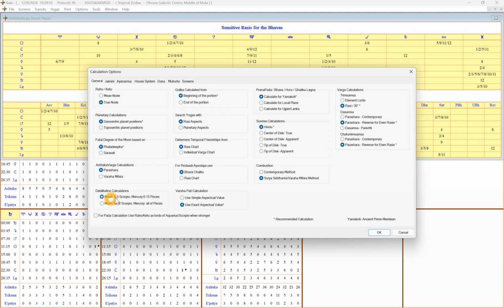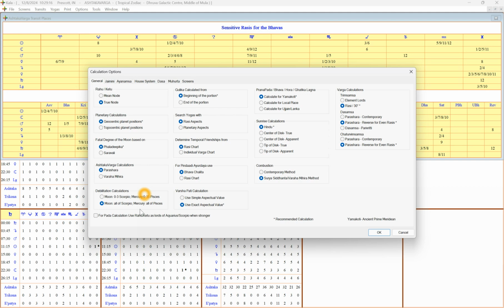If we take that literally, that means the moon is debilitated from 0 to 3 Scorpio and Mercury from 0 to 15 Pisces, which is the exact opposite of where it's actually exalted. Or we can follow simply the moon is debilitated in all of Scorpio, or Mercury in all of Pisces. So those are two options that you have. Okay, most astrologers use moon in all of Scorpio and Mercury all of Pisces, but we created this other option for people to research with and see if perhaps it works better.